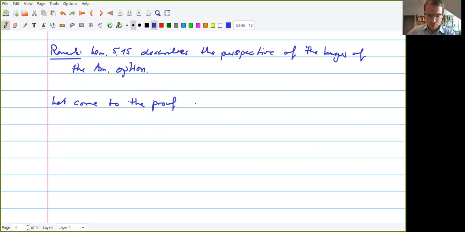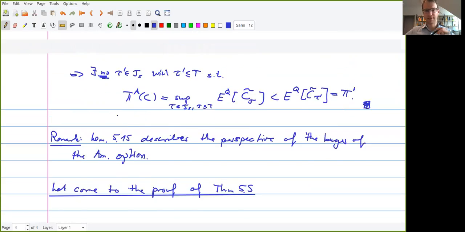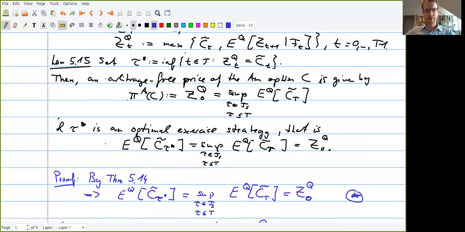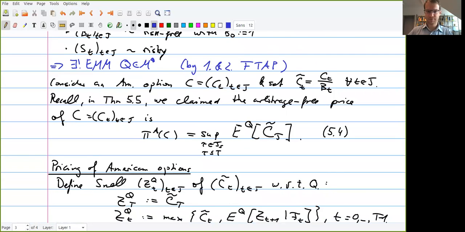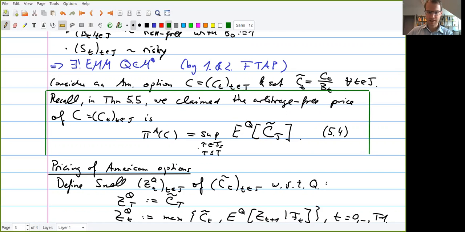so I want now to finish the proof of theorem 5.5, right? So as I recall, where is it? Here we are. So what I claim here is the American price of the American option, an arbitrage-free price, is given by this identity here.